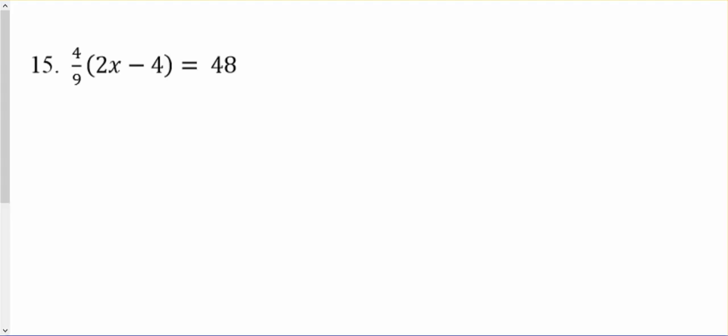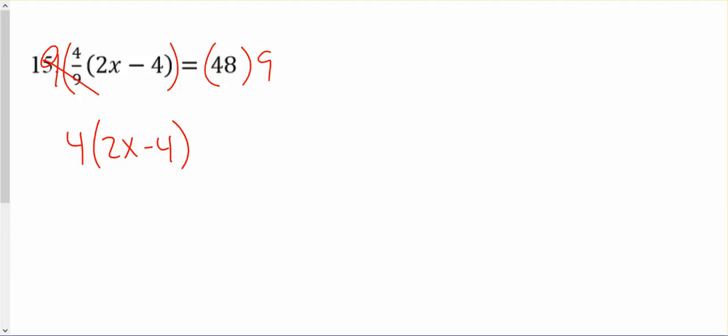15, let's solve this. So let me show you. Let's do it by getting rid of the fraction. So we're going to multiply both sides by the denominator. I'll get 4 times the quantity 2x minus 4 is 9 times 48. Well, 9 times 50 minus 2.